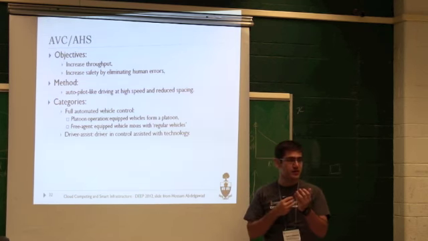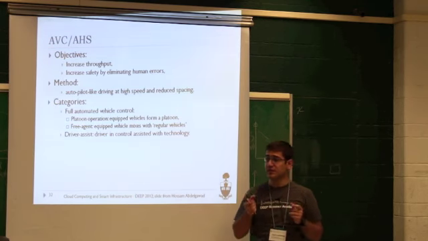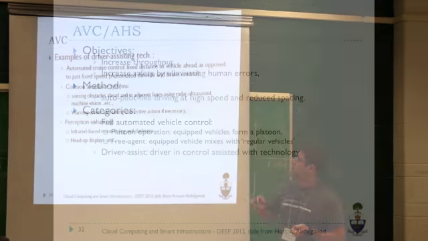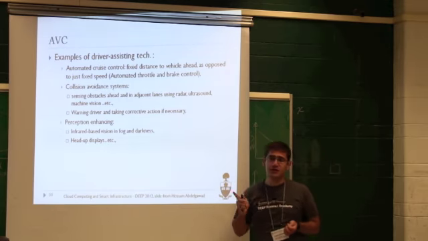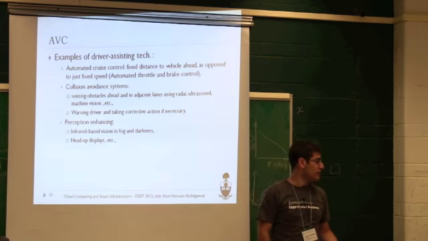It's fully automated, so the distances between the vehicles could be very small. And here you can use up the capacity far better. So you have collision avoidance systems also in here. So this is for safety.